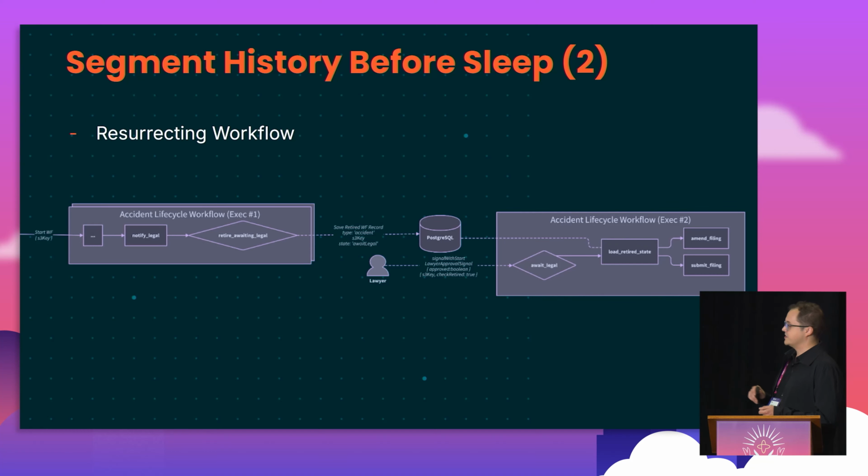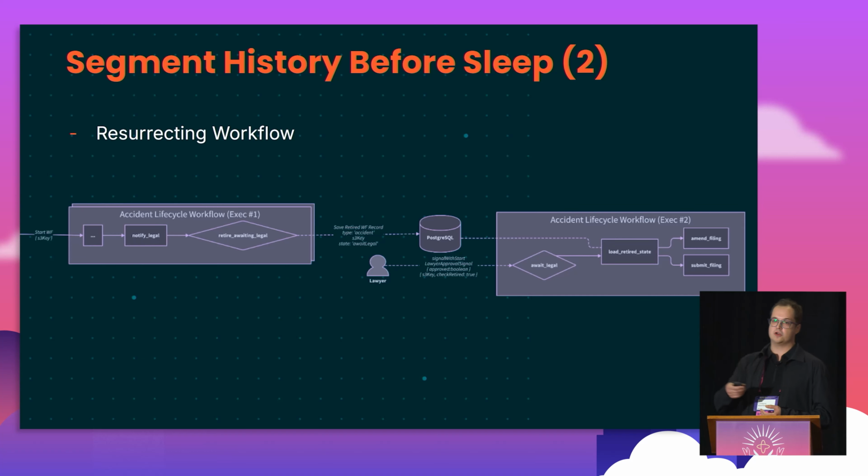Then, yeah, the resurrecting workflow technique is if you're interested in taking this a step further. The prior technique is what I would recommend most of the time. It's a little bit simpler. But in this case, instead of continuing as new, that same state that you would send into the new workflow, you could instead save to Postgres. And then there's a signal with start behavior that Temporal has.